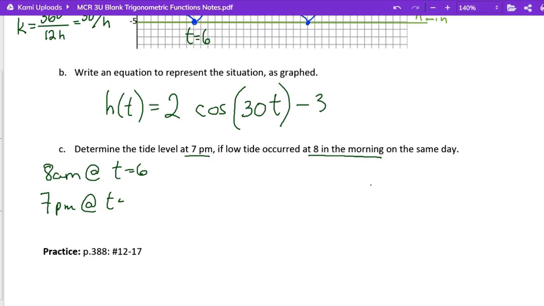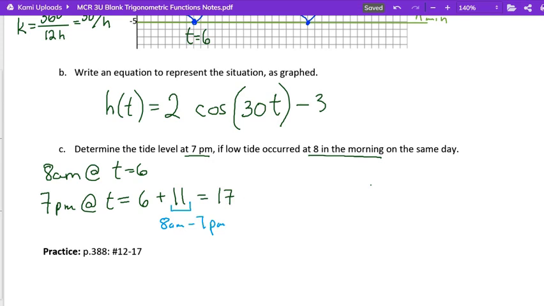So 1 hour less for 7 p.m. is 11 hours. So the time at 7 p.m. is going to be 6 plus 11. That's how we get from 8 a.m. to 7 p.m. And so we're looking for the height at time equals 17.